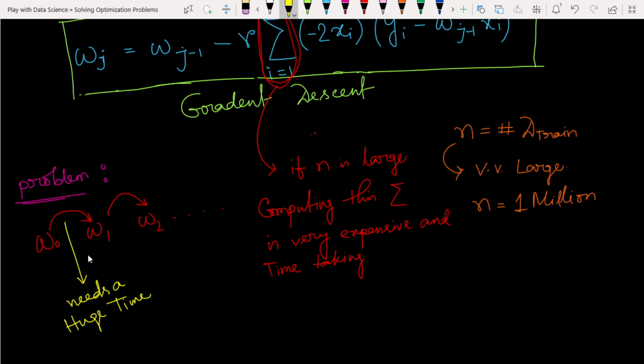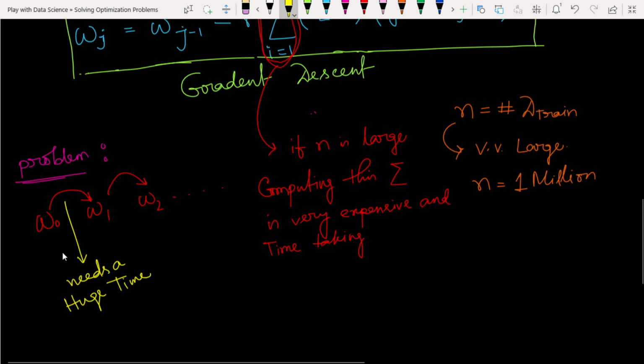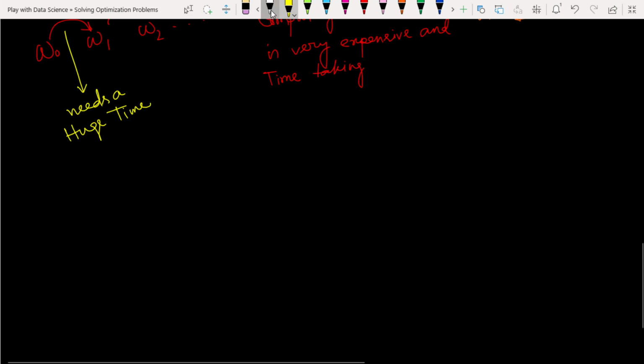So to avoid this, we use the stochastic gradient descent technique, which we'll discuss in the next lecture.